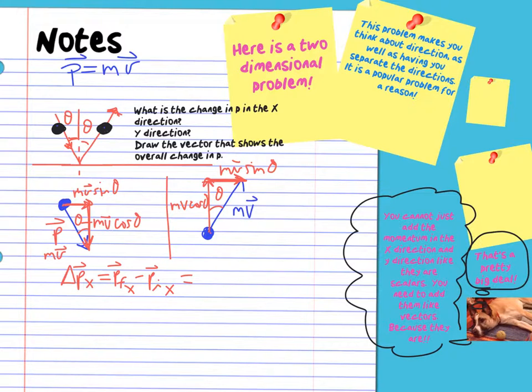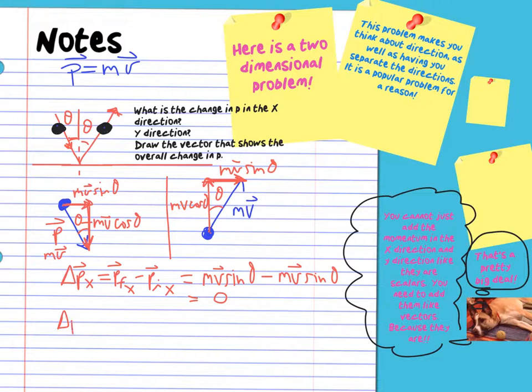My final momentum in the x direction is mv sine of theta minus my initial momentum, which is mv sine of theta. So this means that there was no change in momentum in the x direction.